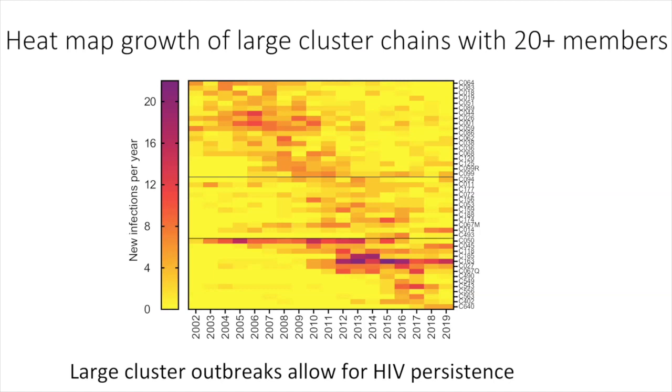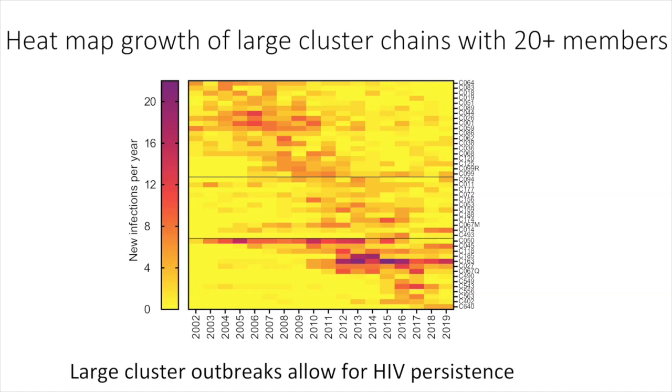But what we see in the last quadrant are actively growing large clusters that persist over time and exist in 2019. Cluster 163, which was the yellow cluster in the trace map, shows periods of rapid growth, and the epidemic is persisting over time.